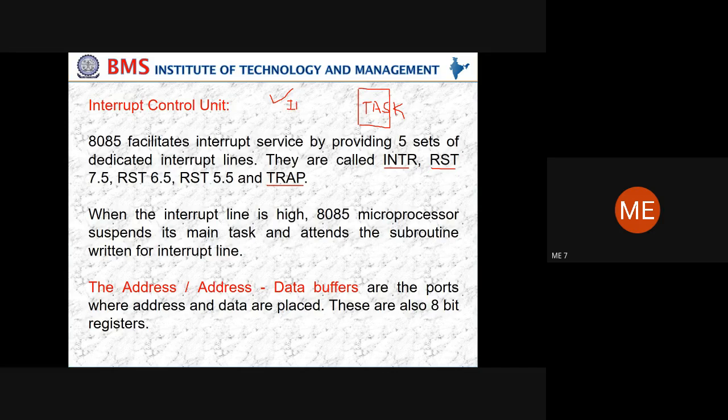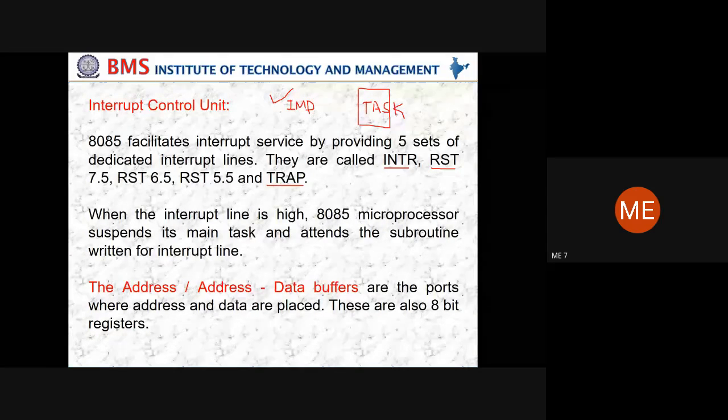Currently the microprocessor is busy doing its own job. Now through the interrupt line, through these 5 different dedicated interrupt lines, you send a signal to the microprocessor that somebody wants its attention. I hope you're understanding.